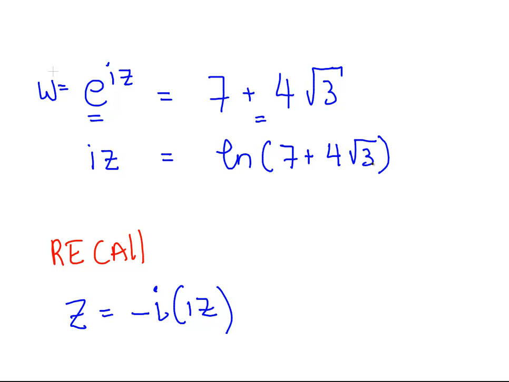Now we have an expression for iz, but what we want is z. Now this is where we use a little trick. If we multiply by minus i, we get z back out. So z is minus i log of 7 plus 4 square root of 3.